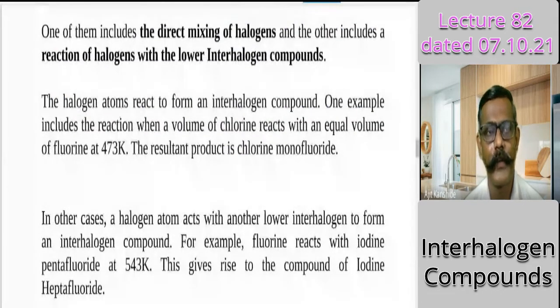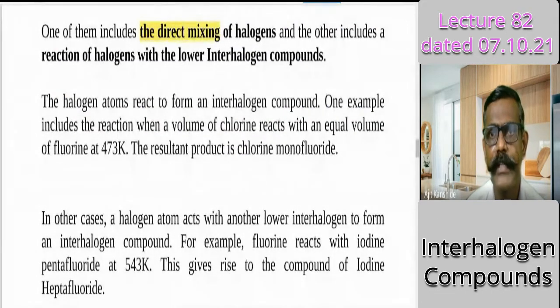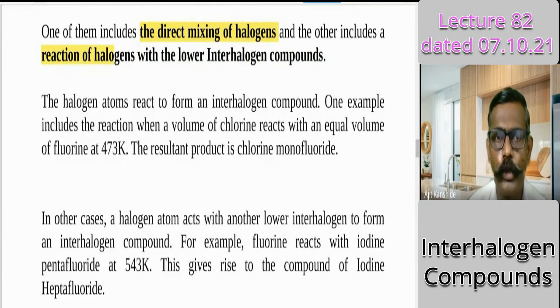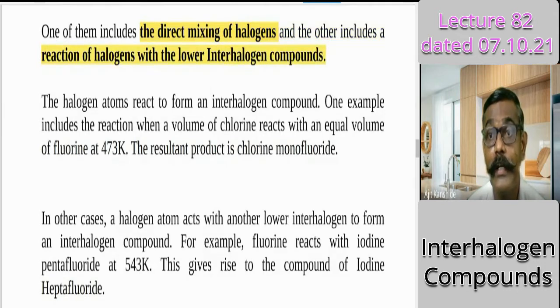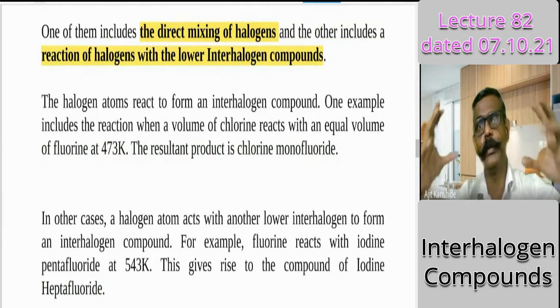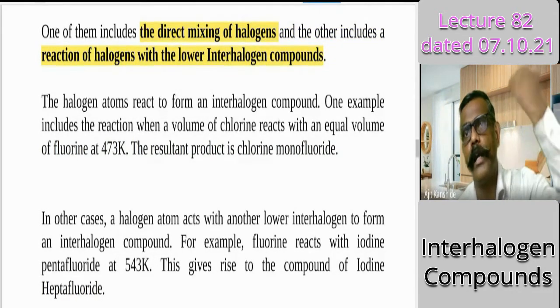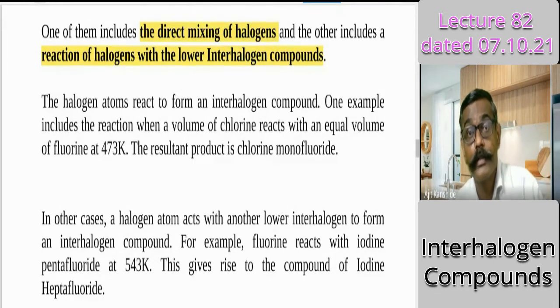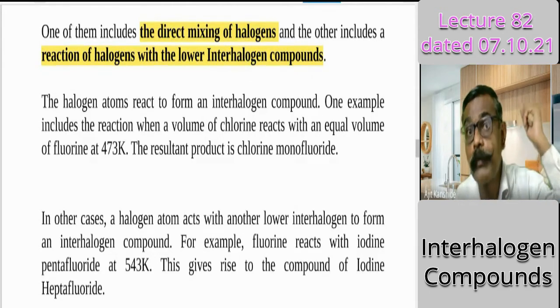Two main methods are there. First, direct mixing of halogens, and second, reaction of halogens with lower interhalogens. F2 and Cl2 combine and form their respective interhalogens, that is one method. In the other method, ClF, as one of the interhalogen compounds, combines with F2 to form ClF3.